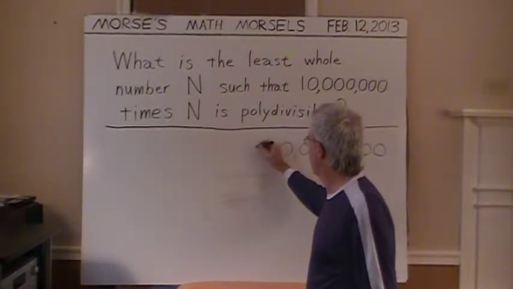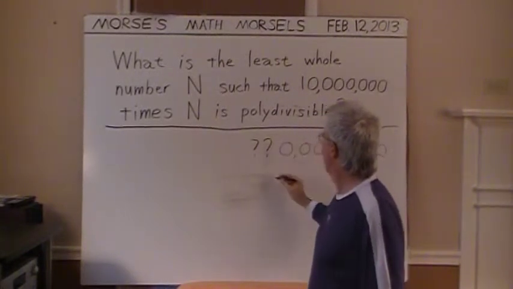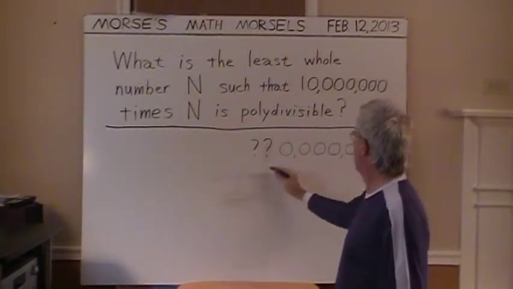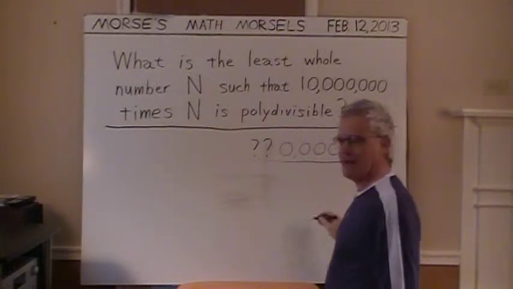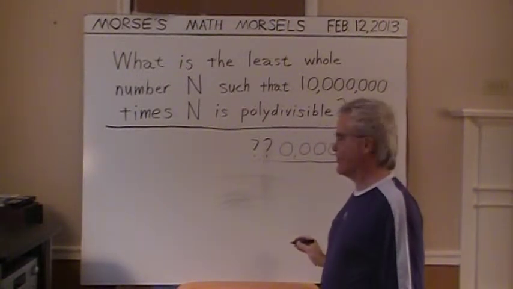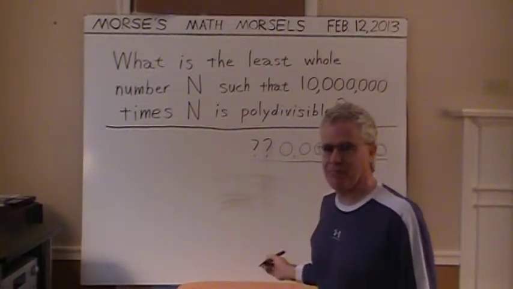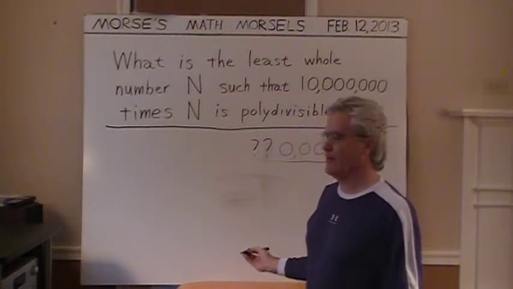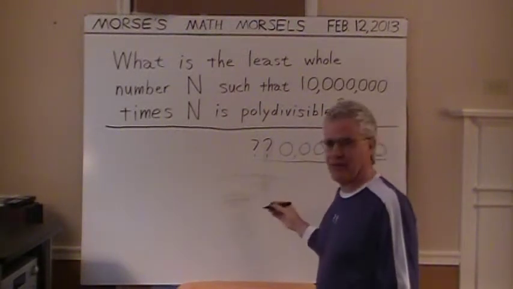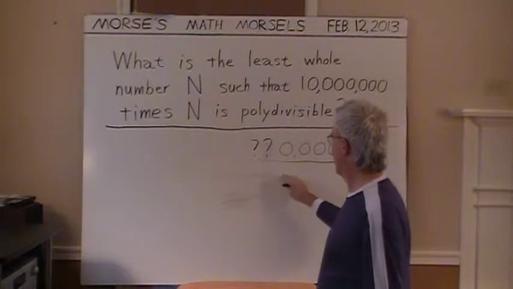And if n is 2 digits, this whole number will now have 9 digits. Therefore, it will have to be a multiple of 9 in addition to 8, 7, 6, and so forth, all the way back to 1.